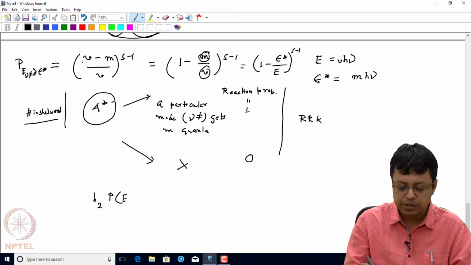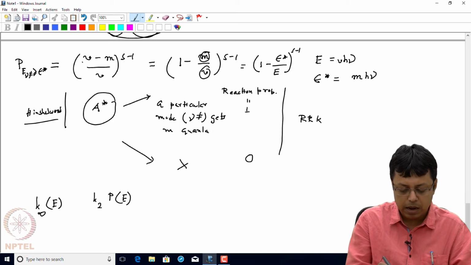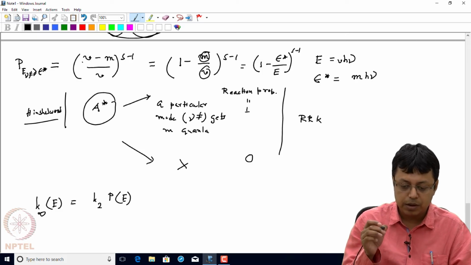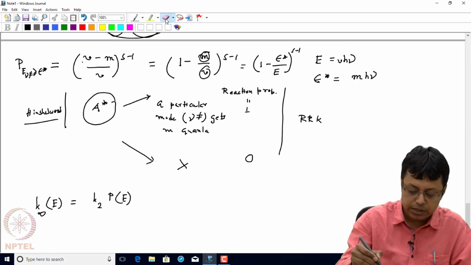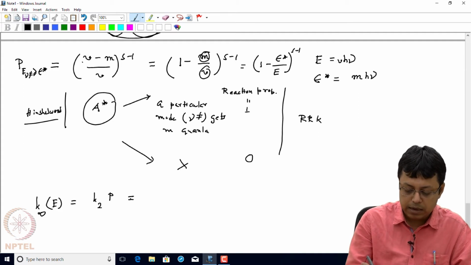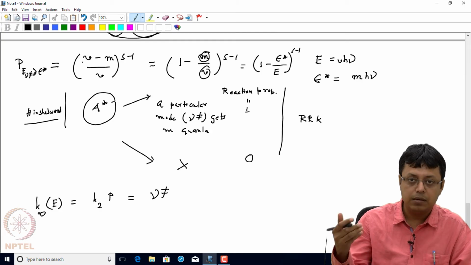It's a function of energy actually, but what is the unimolecular rate then? At very high pressure limit, which is again dependent on energy, because we are talking about only the energy dependent rate constant, RRK approximated this as the frequency of that mode itself.